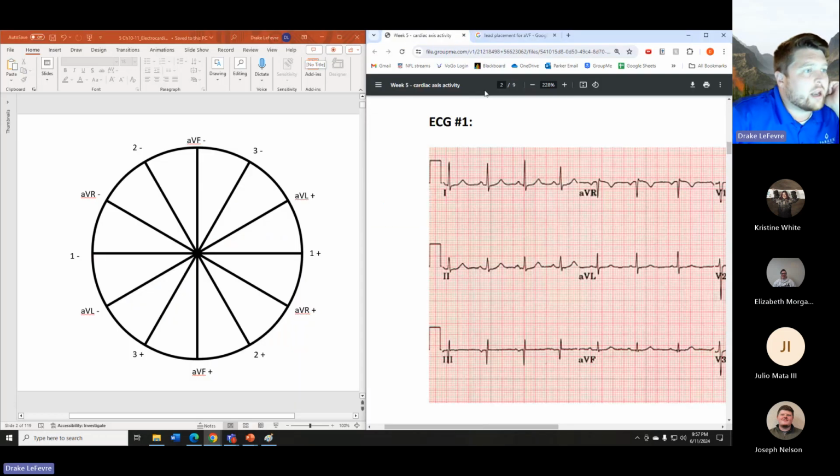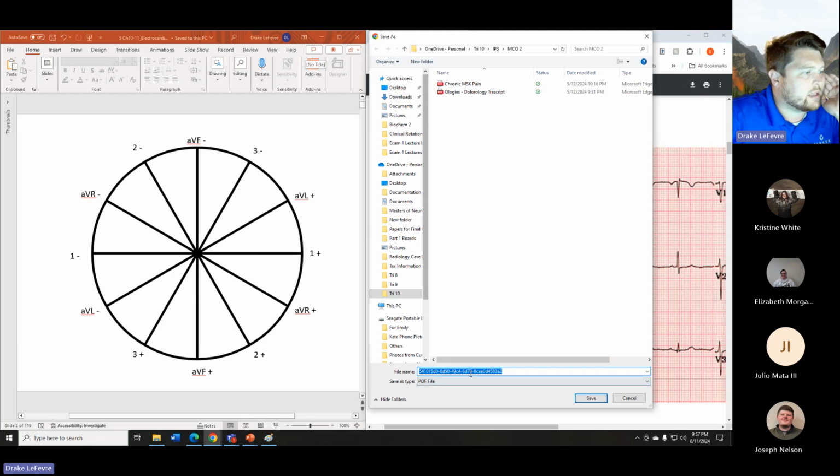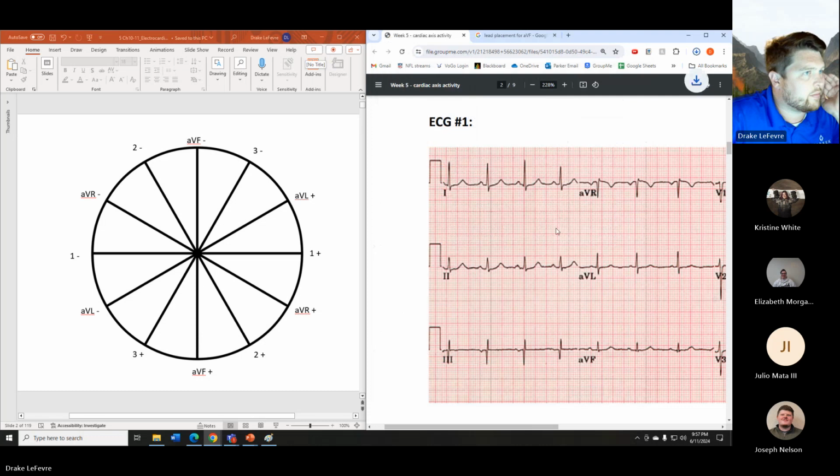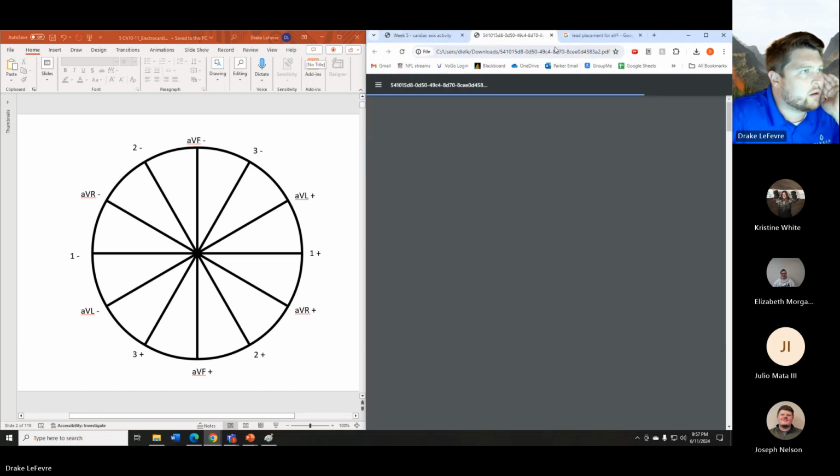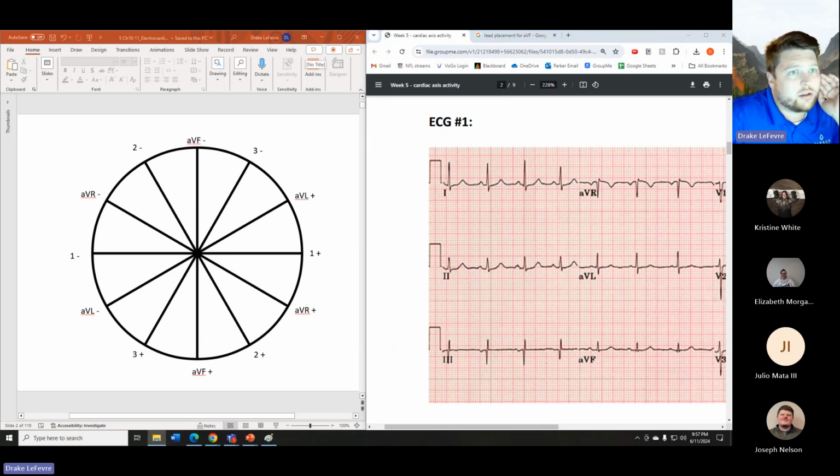Okay, that's just how it's broken up. So the way that an EKG prints is, let me show you. I get where you're confused.